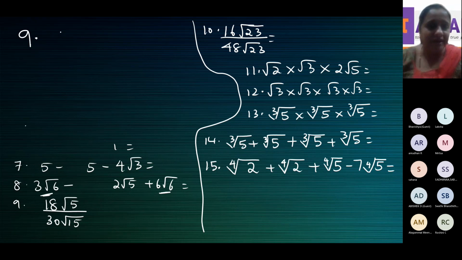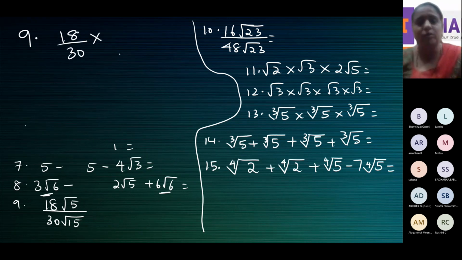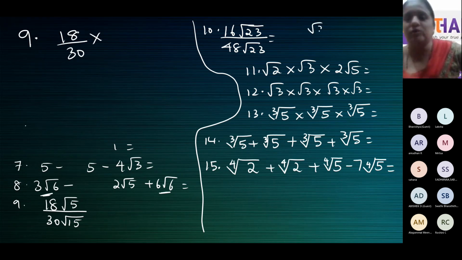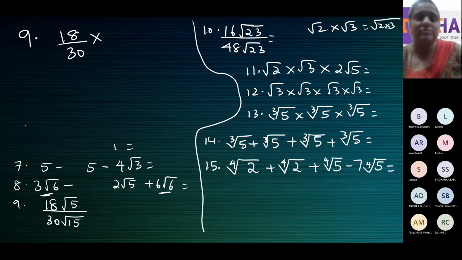9th one is 18 by 30 into square root of 5 by 15. When you have the square root of 2 into square root of 3, you write it as square root of 2 into 3. Similarly, square root of 5 by square root of 15 can be written as square root of 5 by 15.